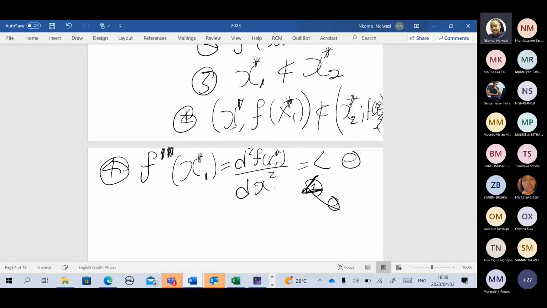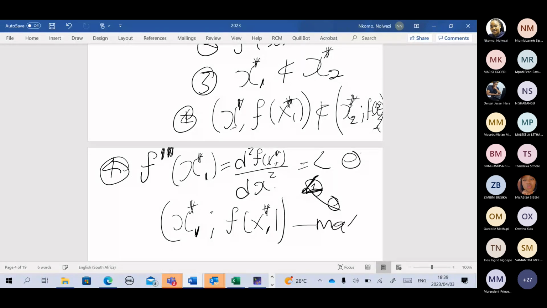Remember, x star 1 corresponds to f of x star 1, right? You'll say this point is the maximum point, or you can say it's a maximum turning point.